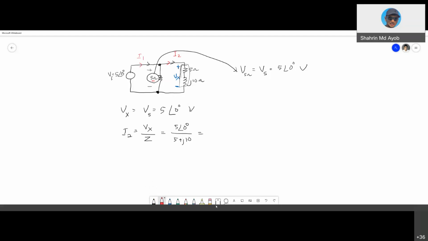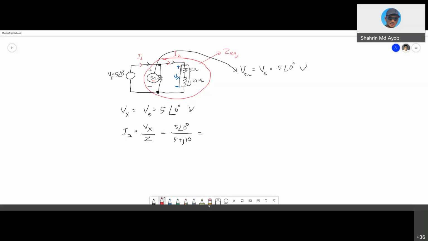So for example, I think this one is the I source. So what is your I source? You need to have the equivalent impedance, Z equivalent, like the previous one, R equivalent.